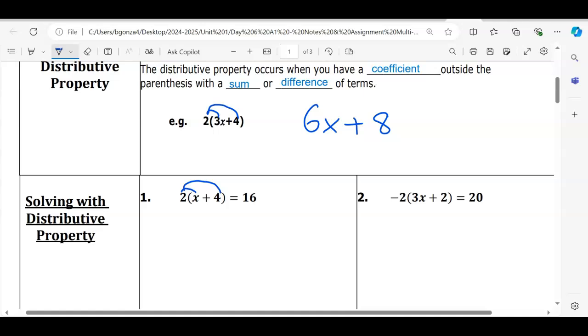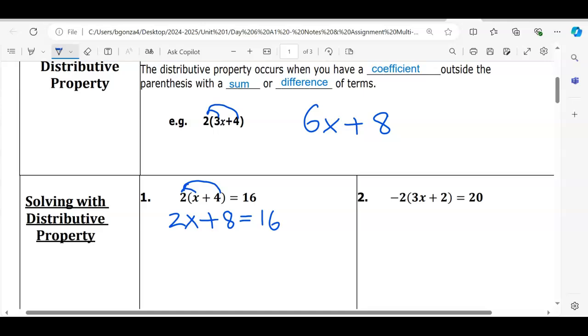So 2 times x is 2x. Cool? Don't know that, or no? Okay, so 2 times x is 2x. And then 2 times 4 is 8, so plus 8. Bring down equals 16. And then we're going to solve a 2-step equation.